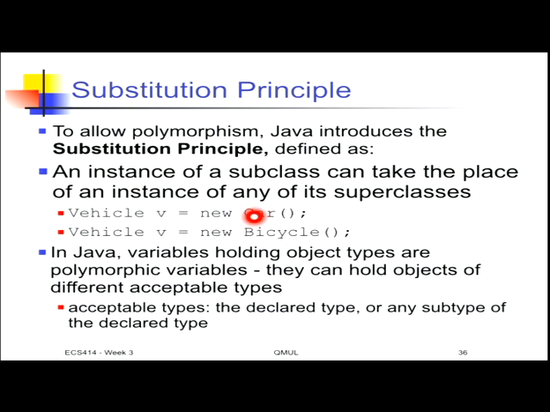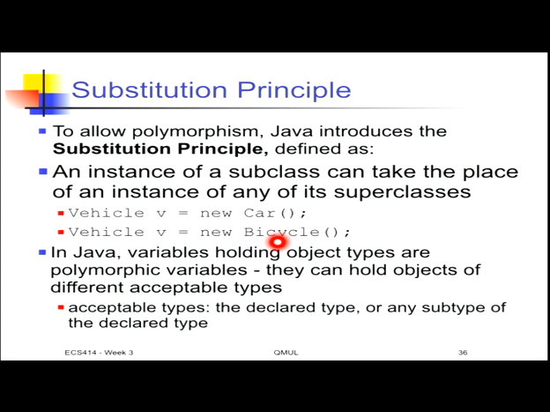So we can replace this vehicle here with car, because car is a subclass of vehicle. Okay? Similarly, vehicle V equal new bicycle. Again, from lecture 1, here we should have vehicle V equal new vehicle, but the substitution principle says that we can replace an instance of vehicle with an instance of its subclasses. Bicycle is a subclass of vehicle, so we can replace the vehicle here with a bicycle.